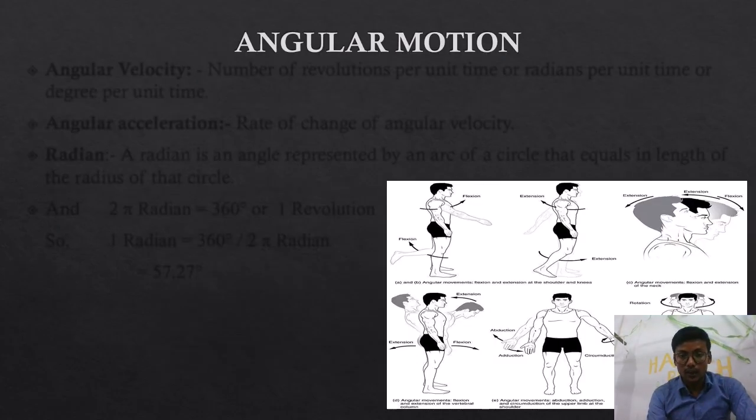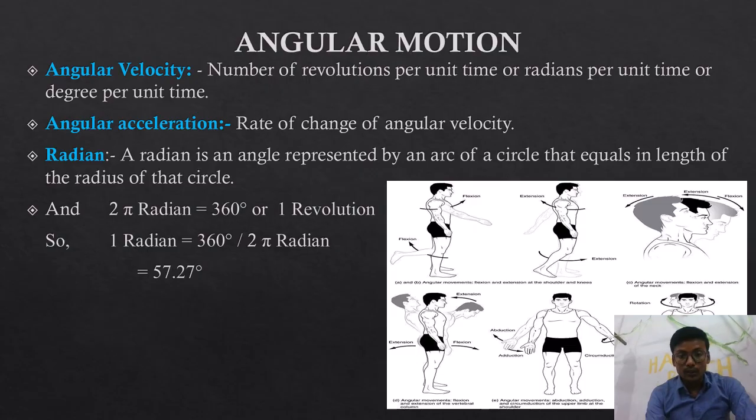So next, the angular motion. You can see the pictures here. These are all angular motion. Angular motion comes under angular velocity: the number of revolutions per unit time, or radians per unit time, or degrees per unit time. Next is angular acceleration, the rate of change of angular velocity, and radians.